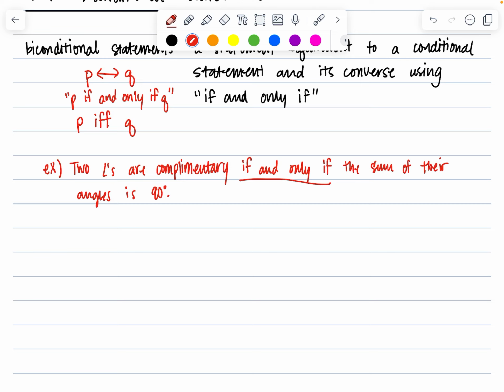There's your phrasing. Notice that the if-then statement isn't here anymore. It's summed up as the if and only if, and that's okay, because it covers both bases.